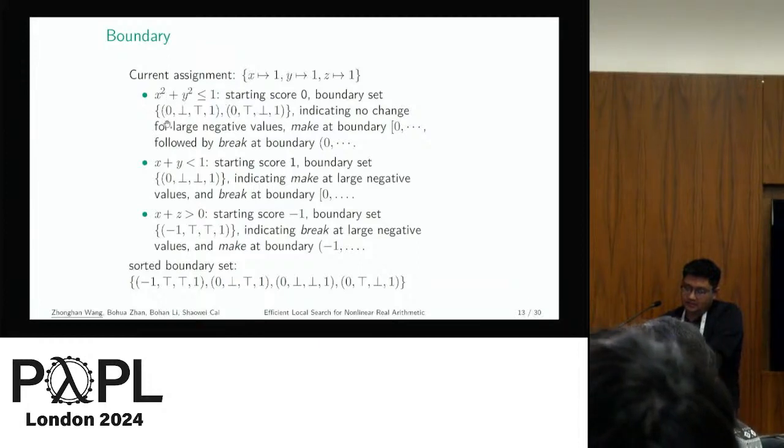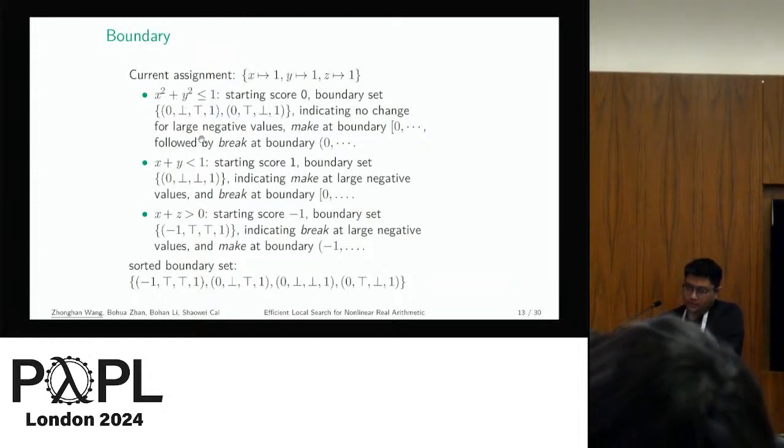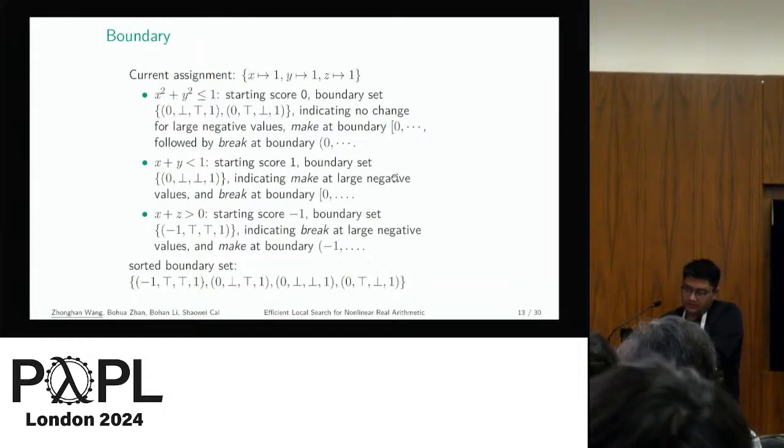In this case, 0 has a different score from all other values in the real space. So we introduce two boundaries for this clause, and the other clauses have only one boundary each. The sorted boundary set has 4 elements, and it looks like that.